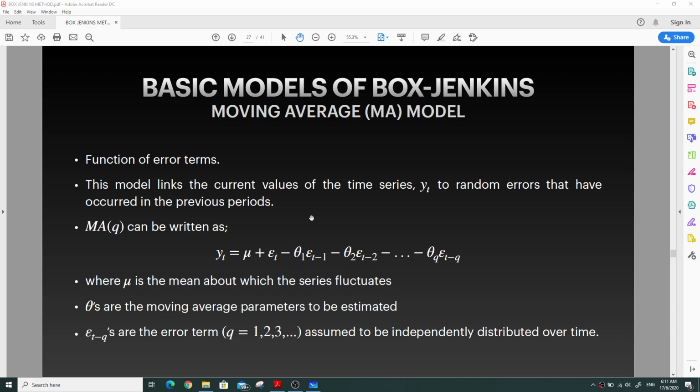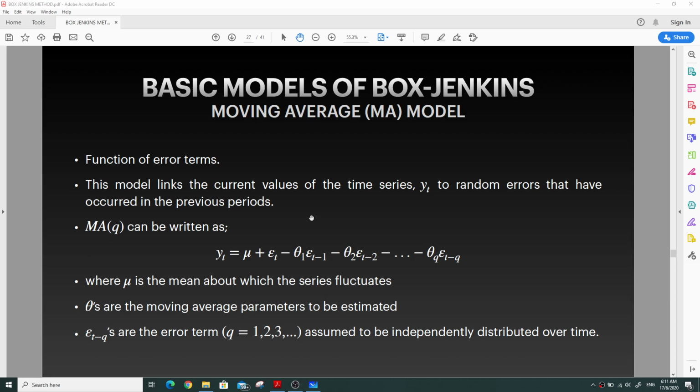Next, the moving average model. Like the name itself, I hope you can differentiate it from the moving average that we learned in the first chapter. It is different.